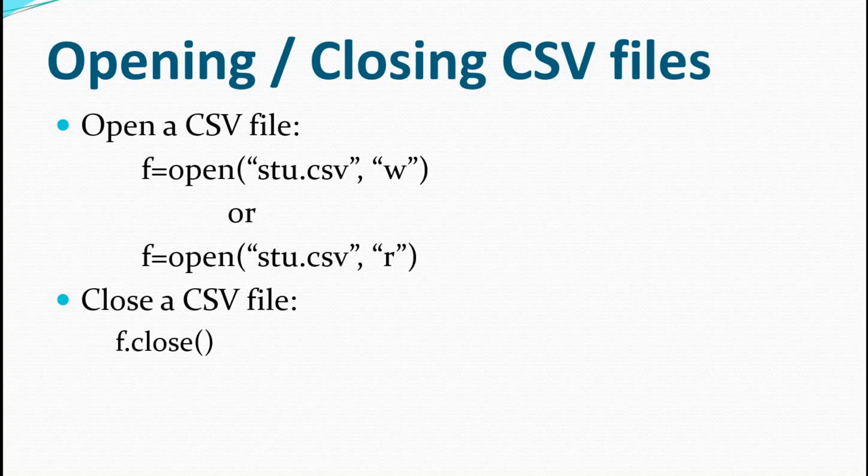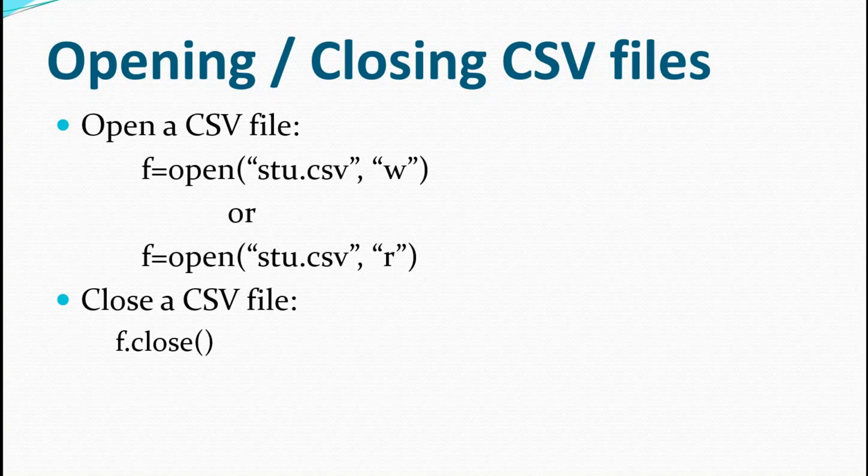Here stu is the name of the CSV file, and .csv is the extension. That means it is a CSV file, not a binary or text file. Comma w represents that we want to open this file in write mode.